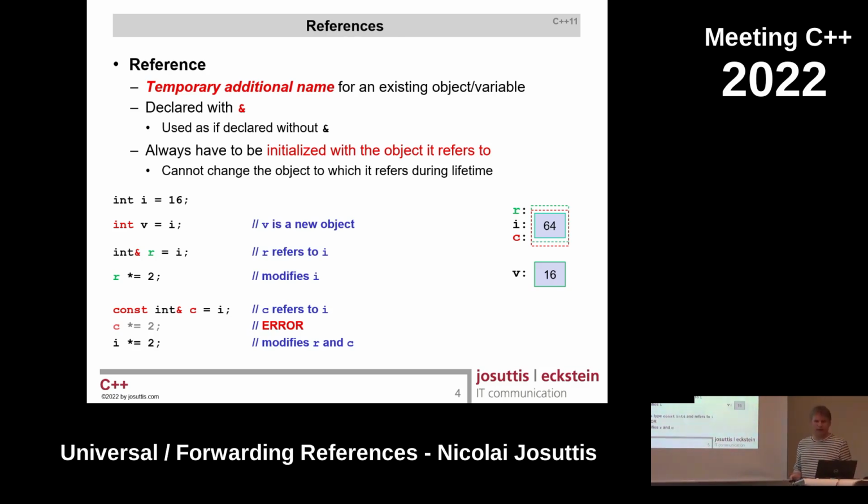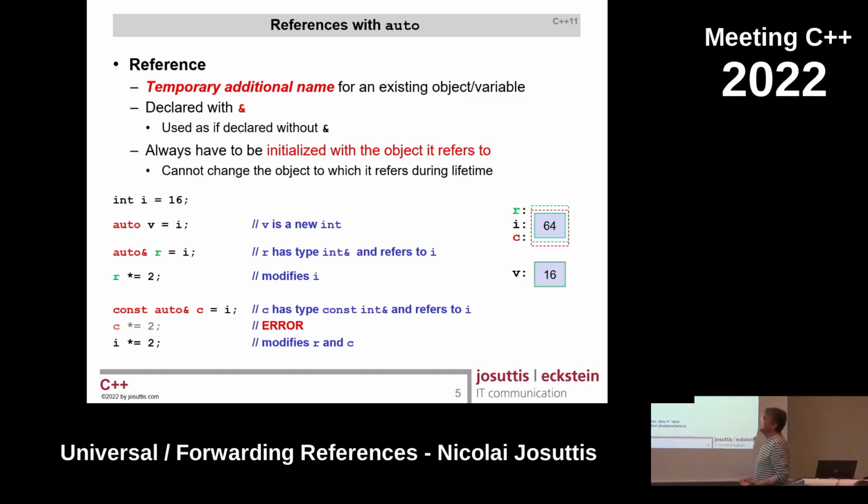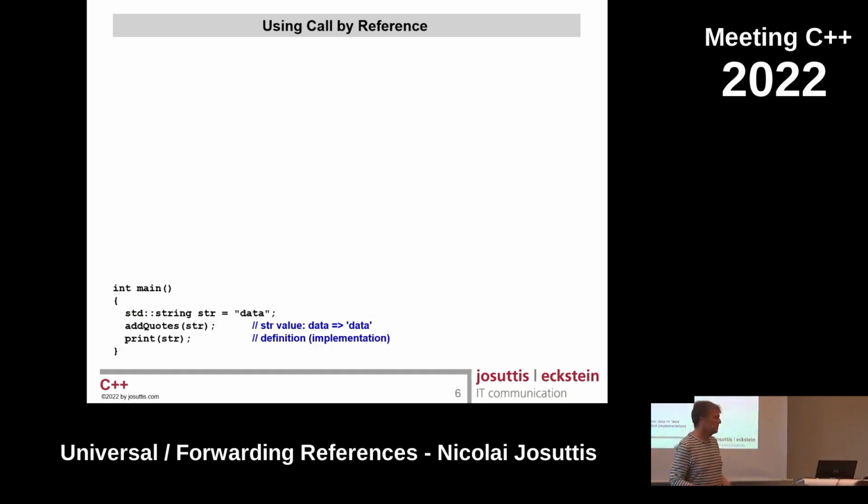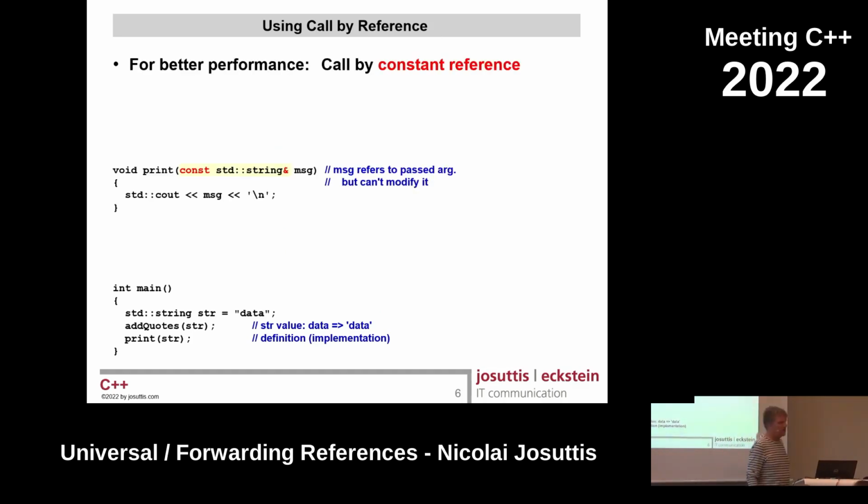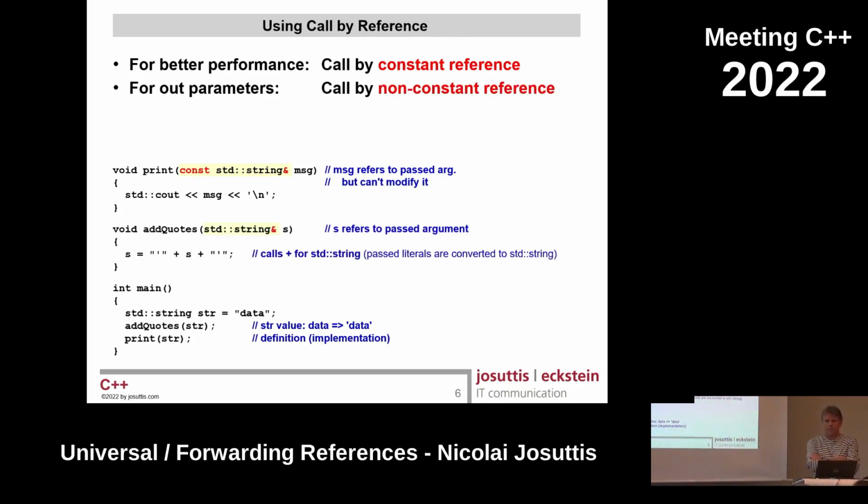Now I'm using int here. But we can also use auto here. And auto means that the compiler finds out the type. And that all is used when we can use references to pass objects by reference instead of passing a pointer, which is simulating call by reference in C. We use call by reference in C++ by either passing objects as a const reference or as a non-const reference.